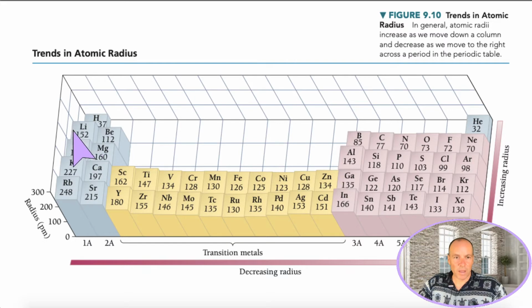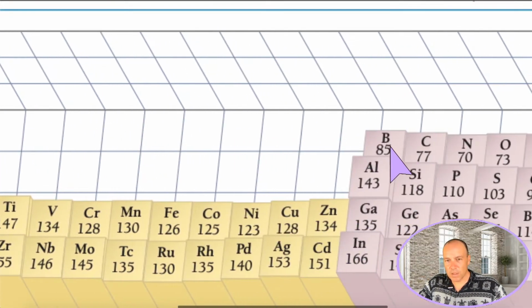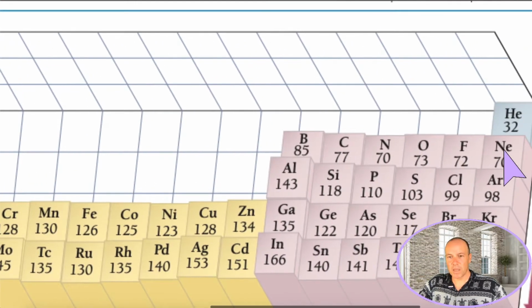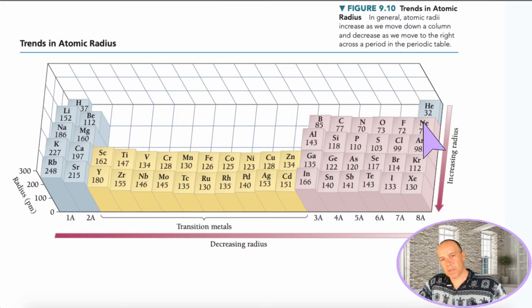So look at lithium, for example. Its atomic radius is 152 picometers. Beryllium gets smaller, and then boron gets even smaller, and basically it gets smaller and smaller and smaller. And that happens on pretty much every single period, with a few exceptions. So why do atoms get smaller as you go across a period?